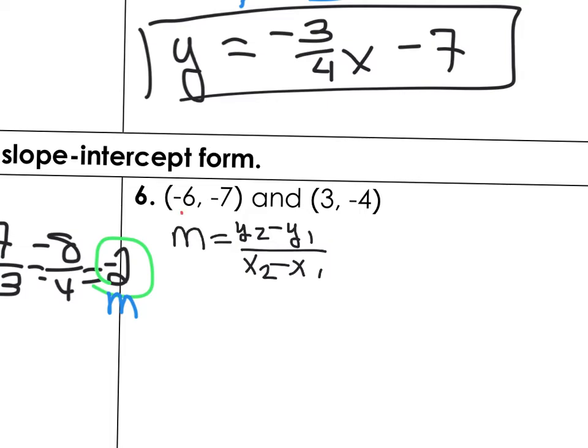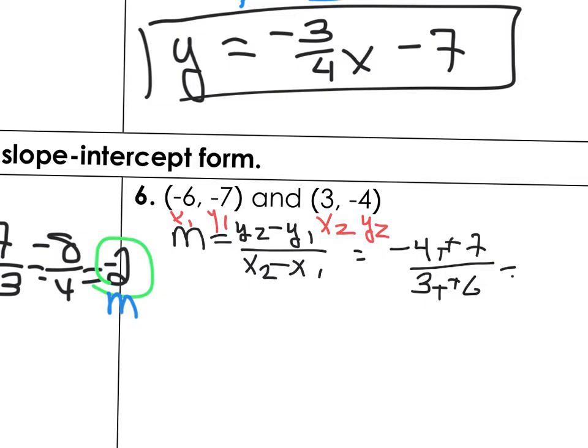So x1, y1, x2, y2. So we're just going to plug it in. So -4 minus -7 over 3 minus -6. Minus a negative makes a positive. So this is going to be 3 over 9, which gives me 1/3.